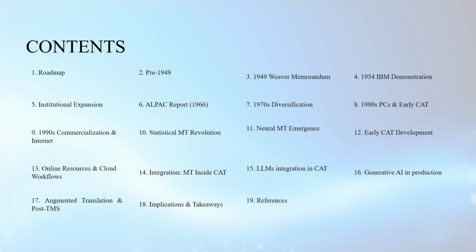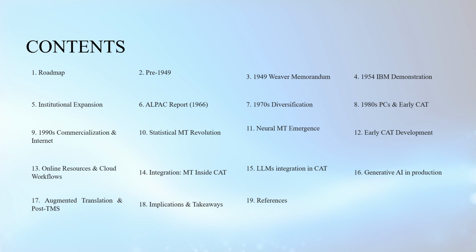And then we move to its institutional growth in the 1960s, the diversification of machine translation tools, and the emergence of computer-aided translation tools in the 1970s, the start of the commercial use of machine translation in the 1980s and 1990s, and finally, the rise of statistical and neural machine translation.